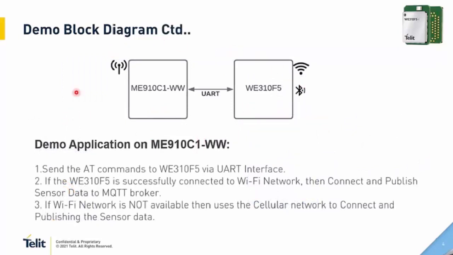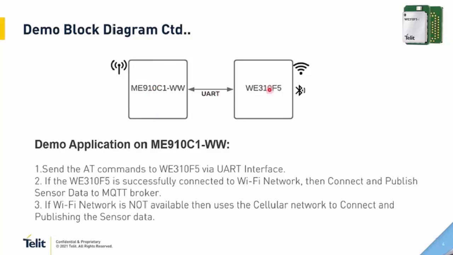The combo product, as I said, has multiple wireless technologies: cellular, Wi-Fi, and Bluetooth. We use two different modules from Telit. One is the MU910C1, a Cat-M cellular module, which is used for the cellular part and also acts as a host. You can write your standalone application on this host module to drive the Wi-Fi, or implement all the application on the MU910C1.